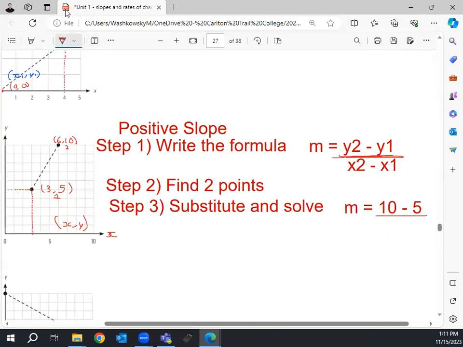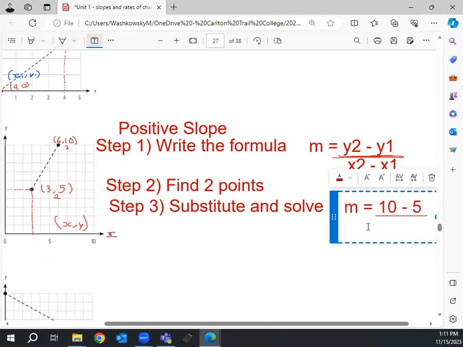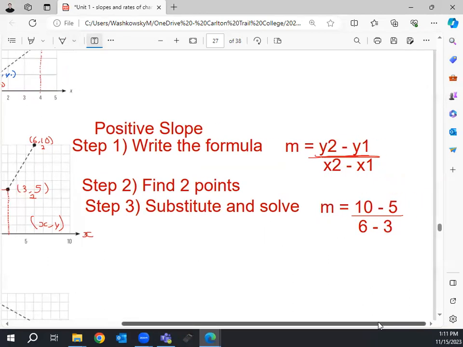What's my x2? It is 6 minus 3. That's not hard math. 10 minus 5 is just 5. 6 minus 3 is just 3.